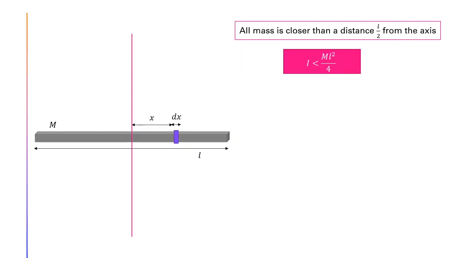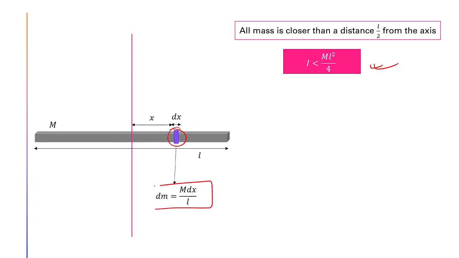And here I can show you a little bit of calculus to prove that this thought is right. So how do you do the calculus? You have a small element here at a distance x from the axis, and its width is dx.